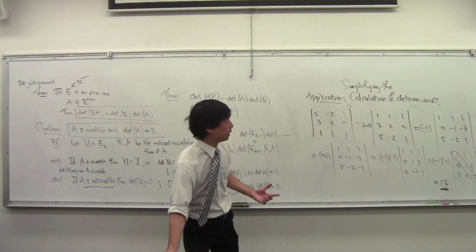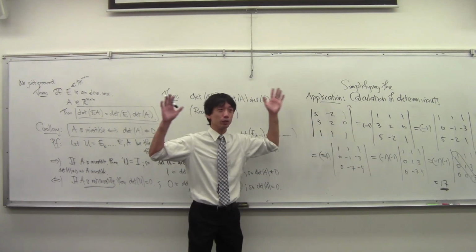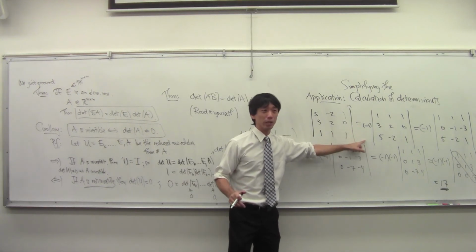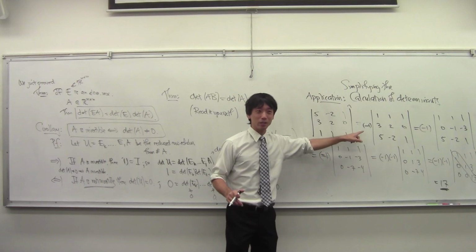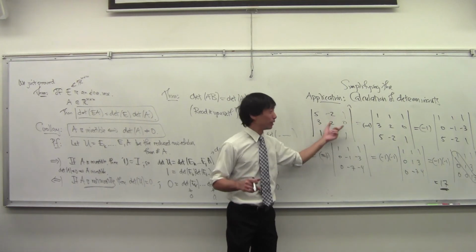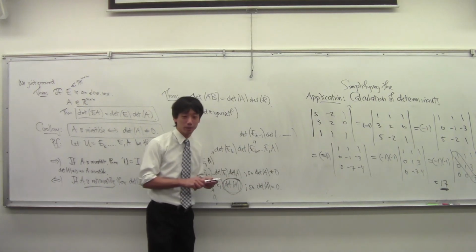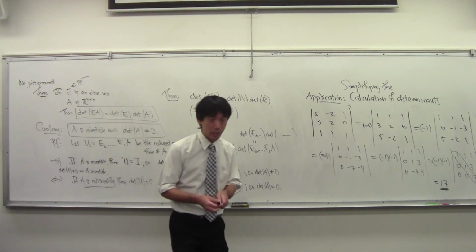You can see that this would be helpful if your matrix is huge, because it's easy to do row reduction. It's computationally intensive to calculate the determinant recursively. Okay, that's it for today.